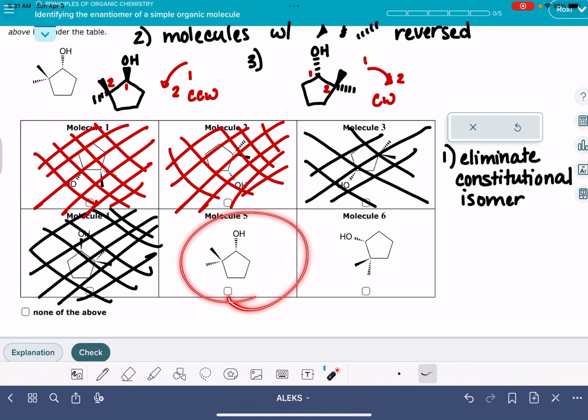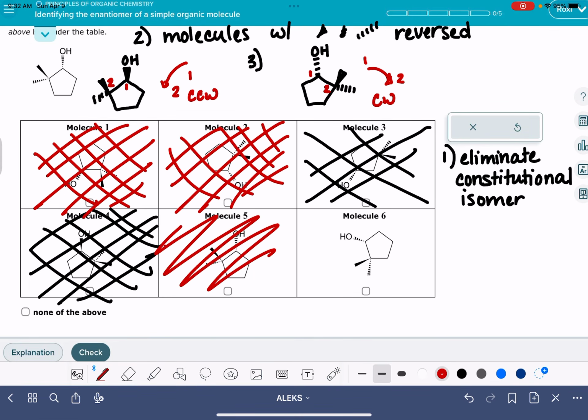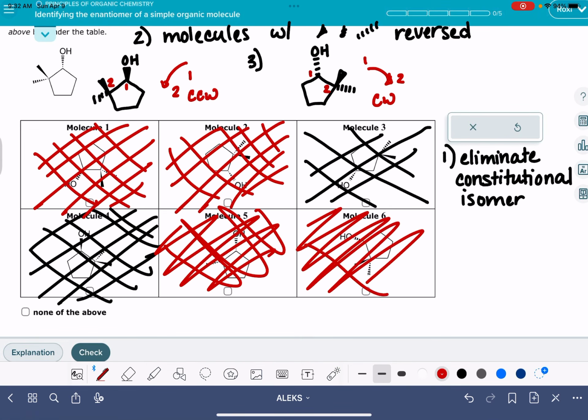No, I guess I could have just seen that they are literally the exact same molecule. So that's not an option. This one, here's our OH group, and this would be the clockwise direction. So this is also not an enantiomer. And that means for this particular problem, none of the provided molecules were enantiomers.